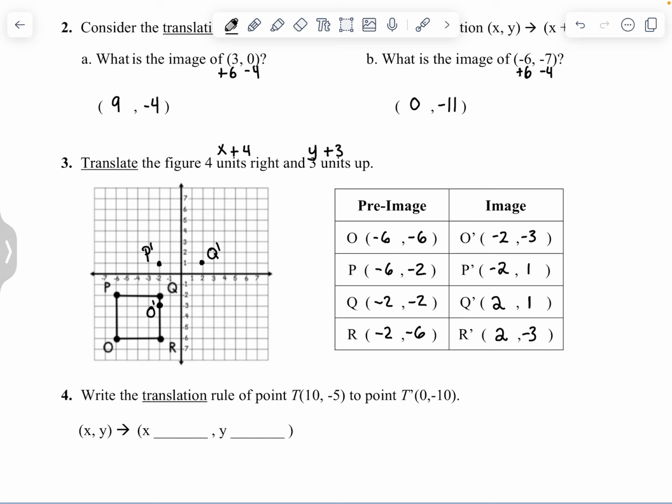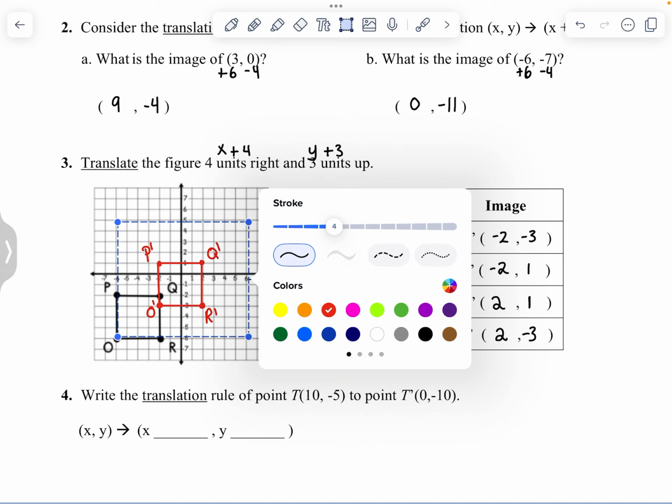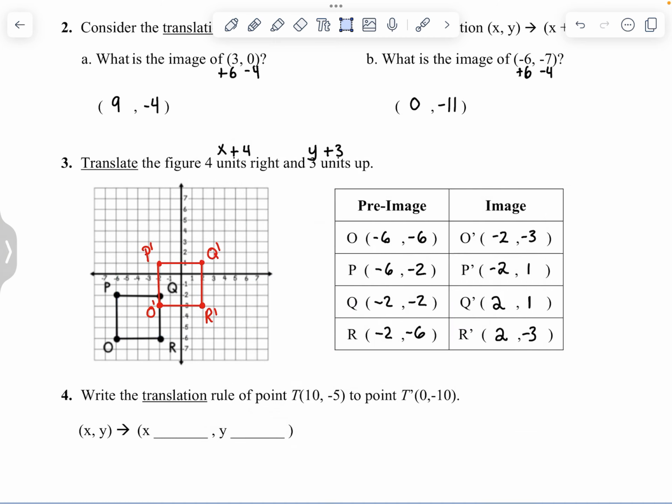And R prime is at (2, -3). We connect our points. In fact, I'm going to change the color so it stands out a little bit. And there is our image.